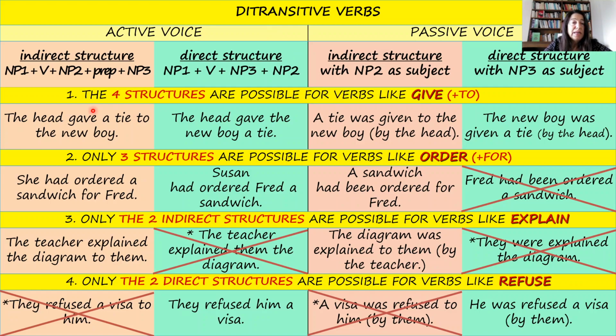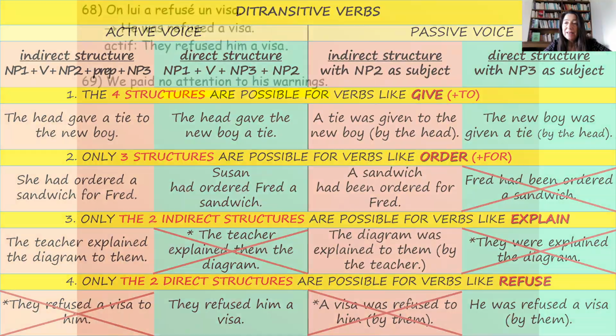Some of them can be used with any one of the four syntactic structures, some of them only three structures, and then some of them only the prepositional structure, and others only the structure that is without a preposition.